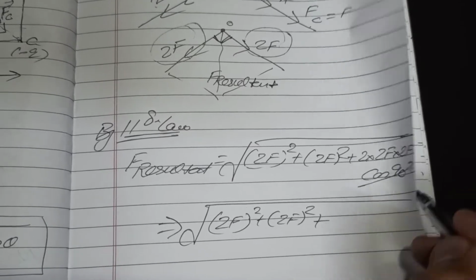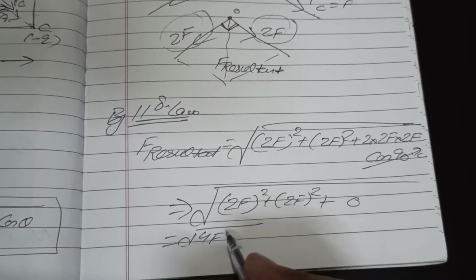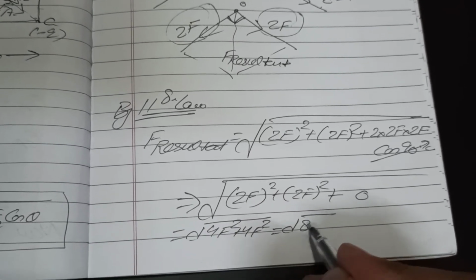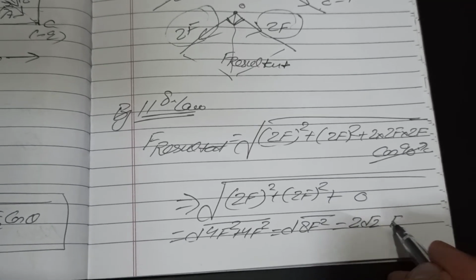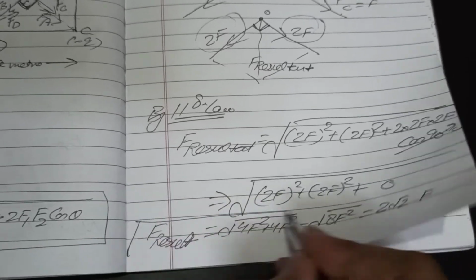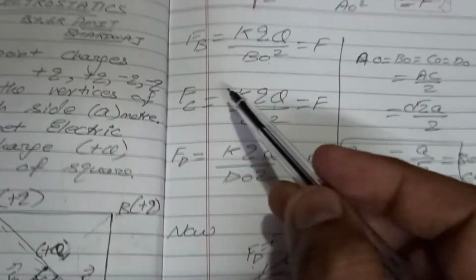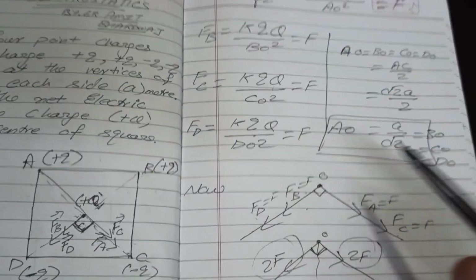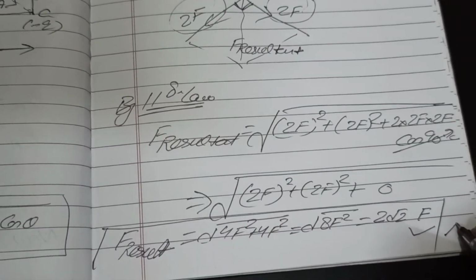Cos 90 is 0. So here comes 4F square plus 4F square, and under root 8F square, so we have 2 root 2 F. This is the resultant force. For the value of F we can use any of the formulas, because all FA, FB, FC, FD are equal. Thank you to all.